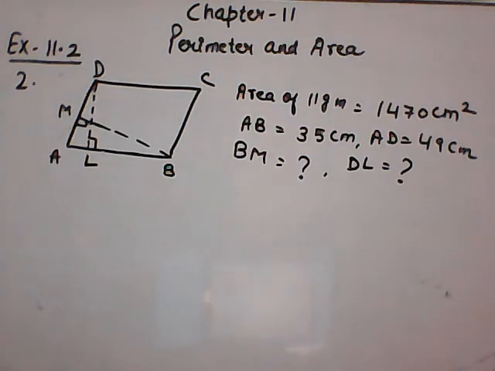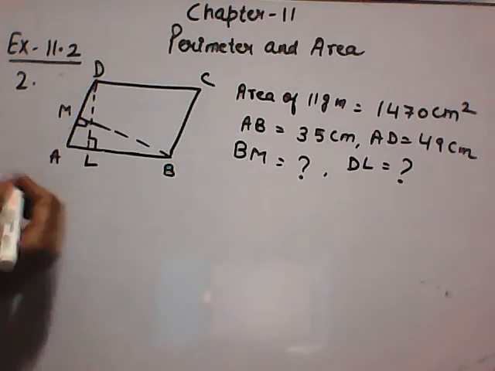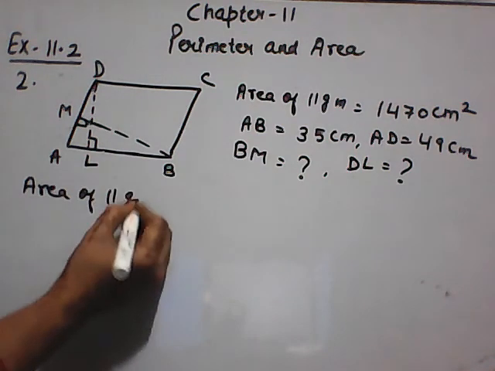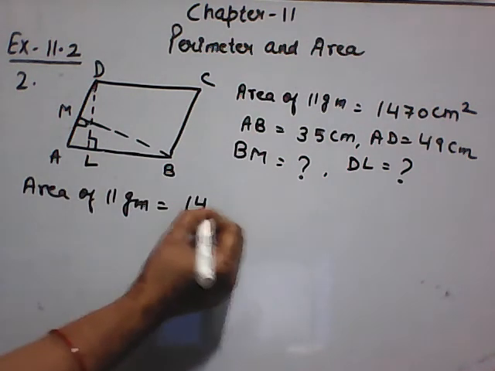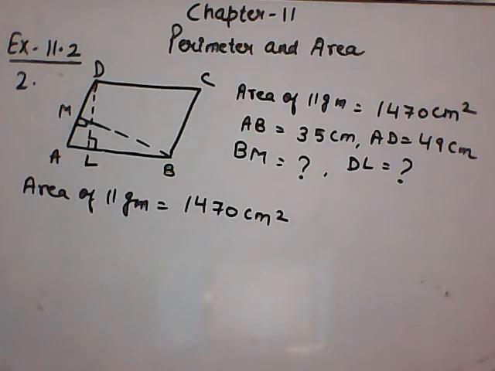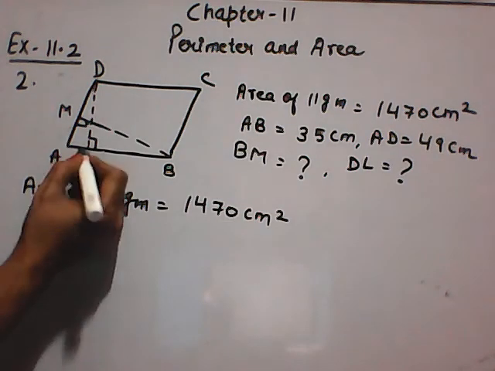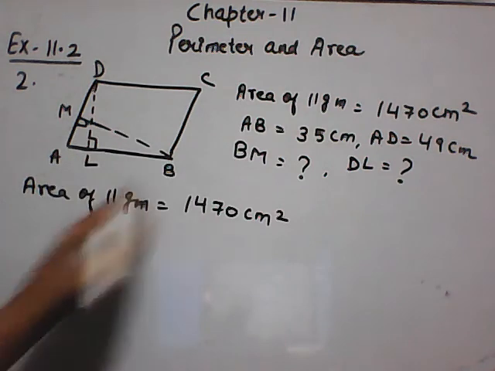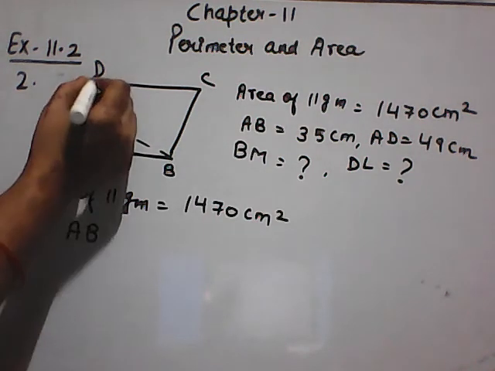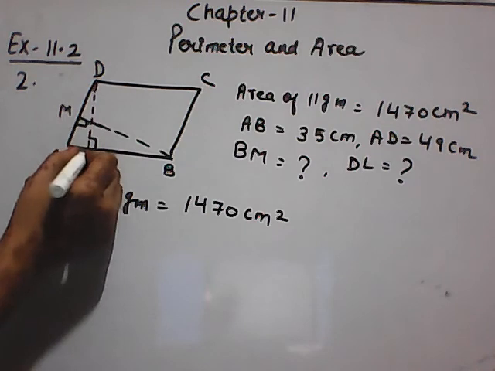Now, area of parallelogram is given to you, that is equal to 1470 centimeters square. Now we know that area of parallelogram is base into height. Here if we consider this base AB, then height of this base is DL.